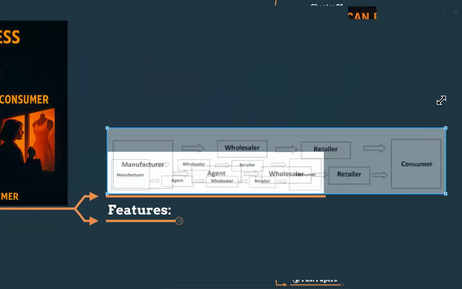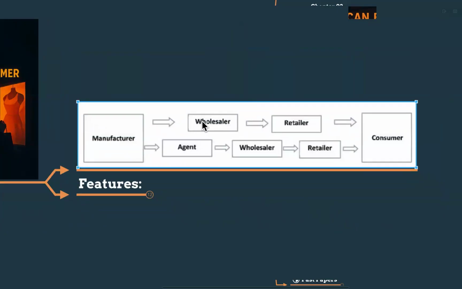So here is a clear path from the manufacturer to wholesalers to retailers, then consumers. So there's more than one person, so it is a multi-intermediary model. And from the manufacturer to the agent, to the wholesalers, wholesalers to retailers, then only to the consumer. So this is also more than one intermediary. So these are multi-intermediary distribution channels.